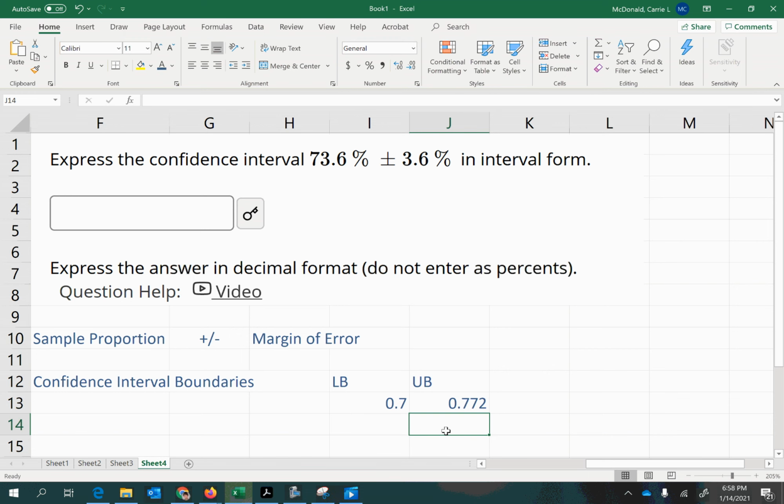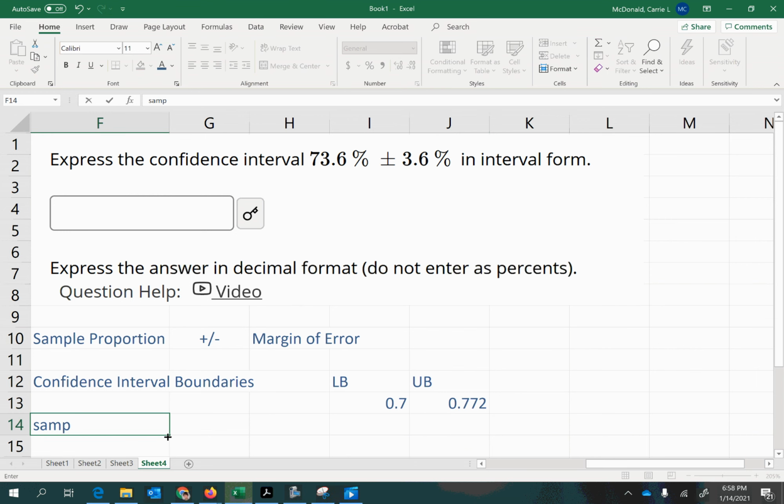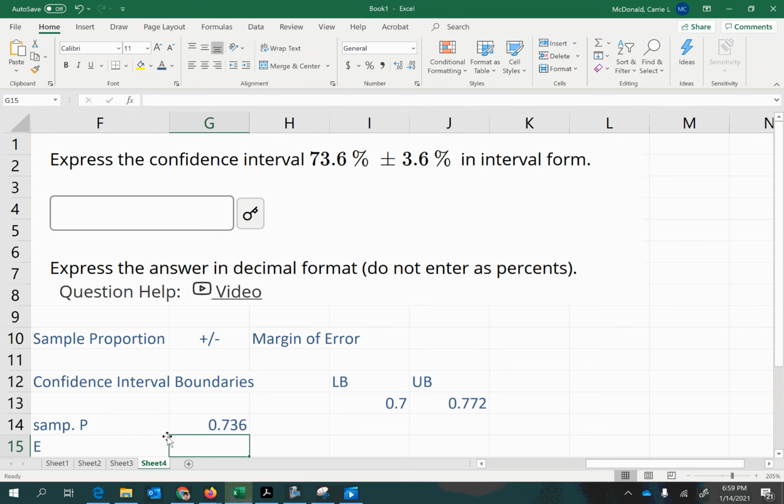Now, here's an advanced solution for those of you interested in learning more Excel tricks. If you make a special place for one of the cells, just put your sample proportion in decimal format and your margin of error, E, in decimal format.